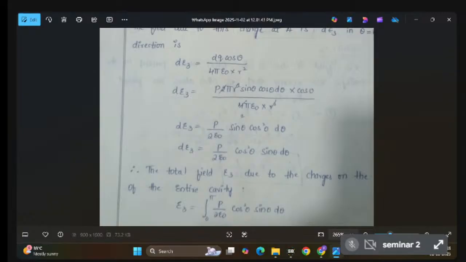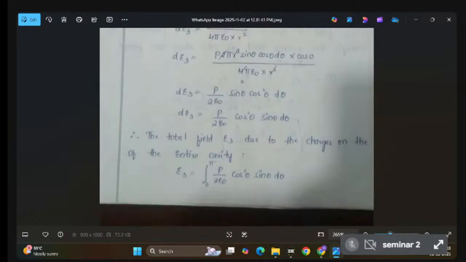Now I want the total sphere, but I only took the dA part. For the entire sphere I have to integrate. Upon integrating dE3, E3 is equal to the integral from 0 to pi of P by 2 epsilon naught cos square theta sin theta d theta.